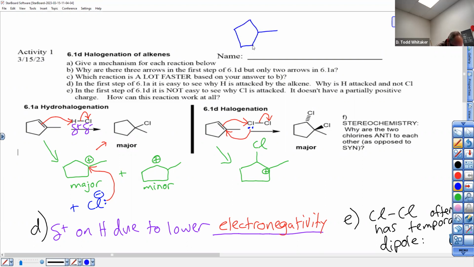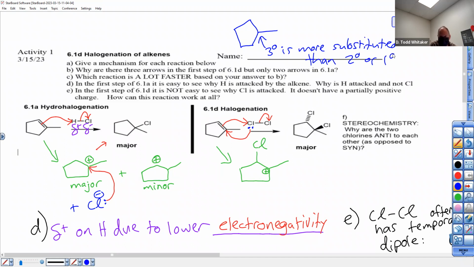When I say that, we have this ring. Tertiary is more substituted than secondary or primary. I just haven't used that word substituted before. It just means has more carbons attached. So I'm going to use the word substituted a lot, and I don't want to have to explain it every time.